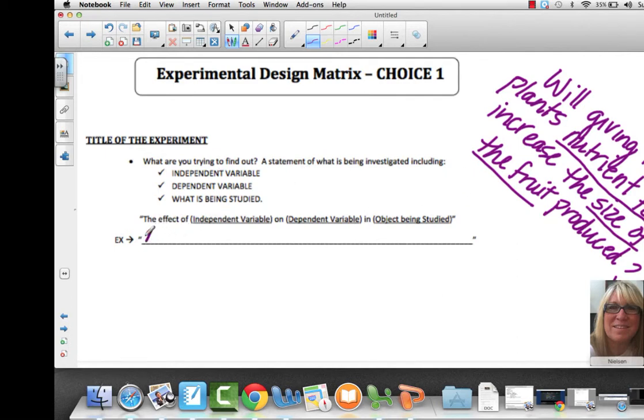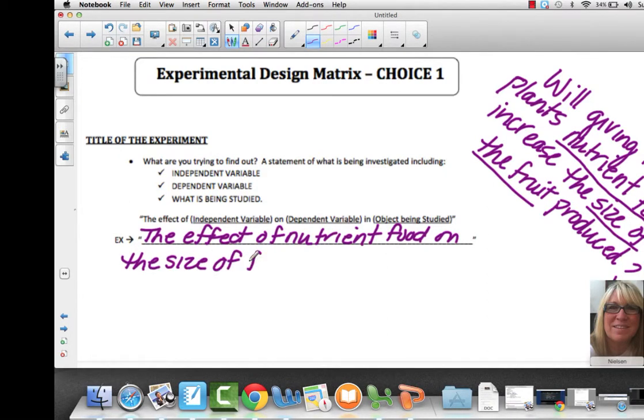So it'll be the effect of nutrient food on the size of fruit produced. So tomatoes.